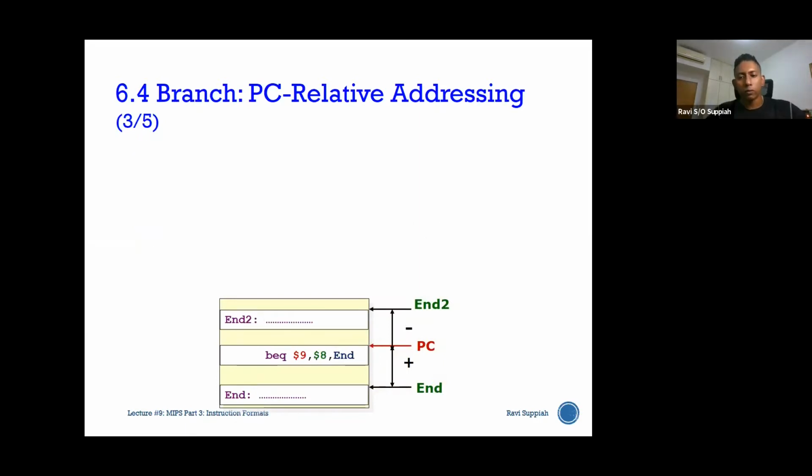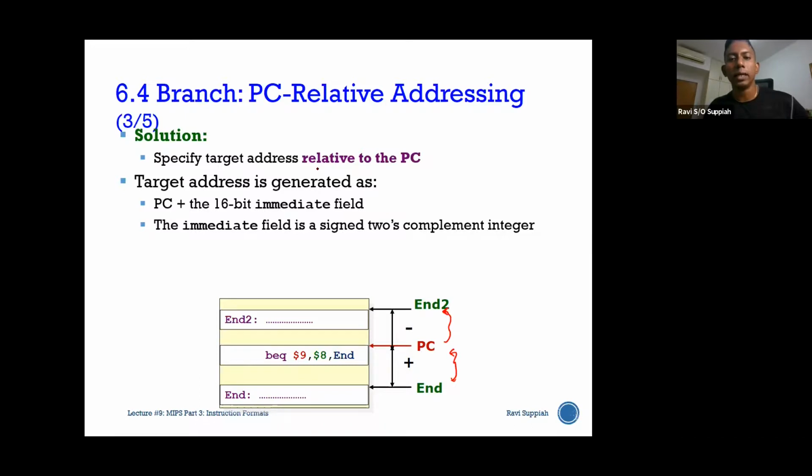So in terms of PC relative addressing, what we are saying is I can branch up to a certain range, either in the positive direction, that means I'm going to a higher address, or I can go backwards to an earlier address. That is basically the idea behind this.